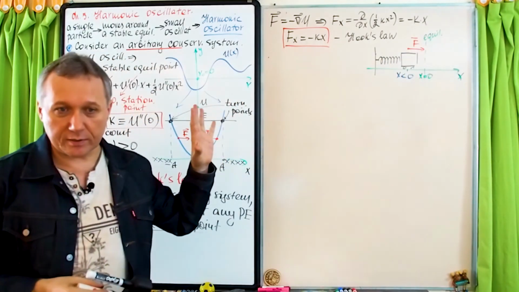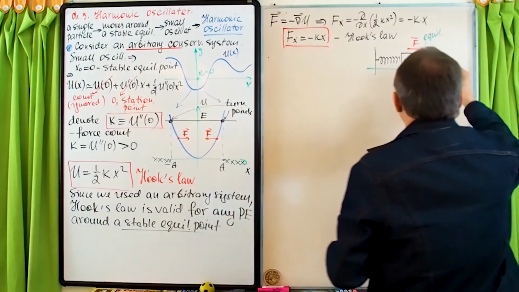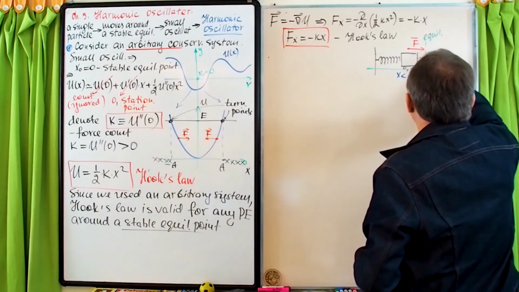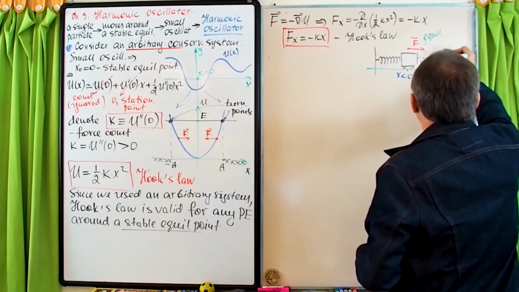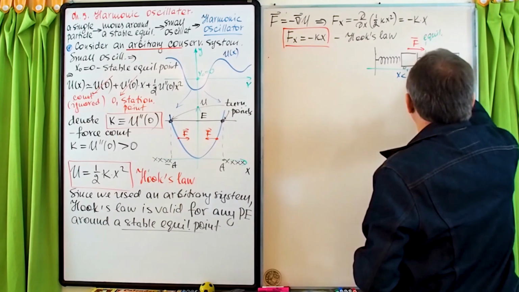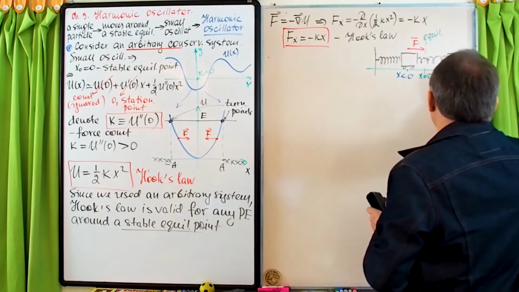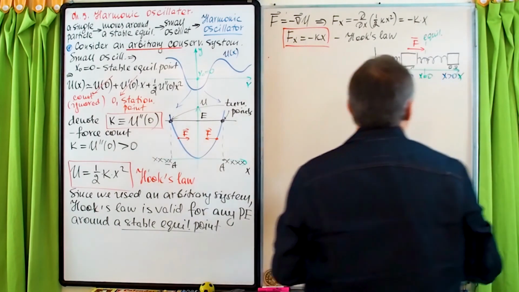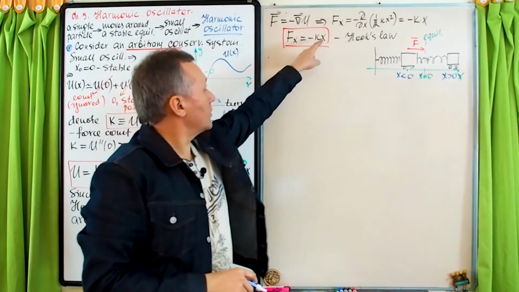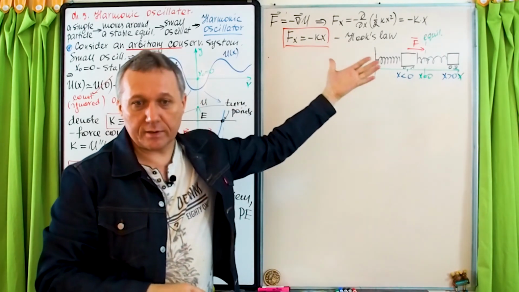But now let's displace our system to the other side of the equilibrium. So over here, let's say our mass is over here. Now, of course, x is positive. If k is positive, minus in front, so the force is negative.